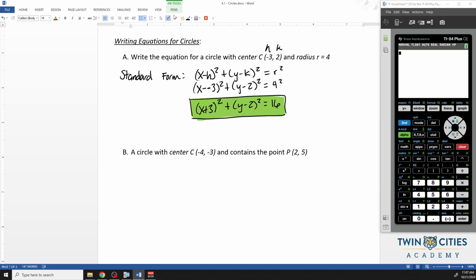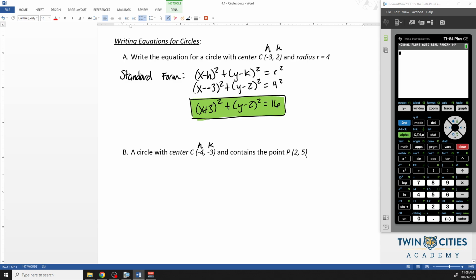All right, so when I'm given the center and the radius, there's not a whole lot to do. Pretty much take a look at the standard form, plug in h, k, and r, and then simplify. It is when I'm given information like in example B here, where I've got a circle with center C at negative 4, negative 3, so let's say h here and then k here, and it contains the point P at 2, 5.